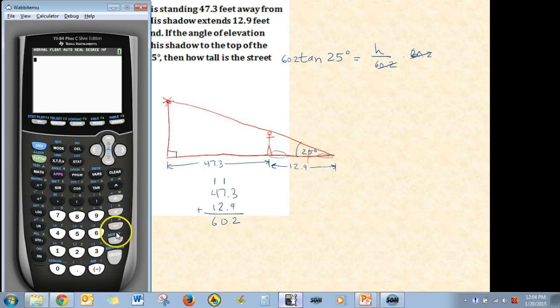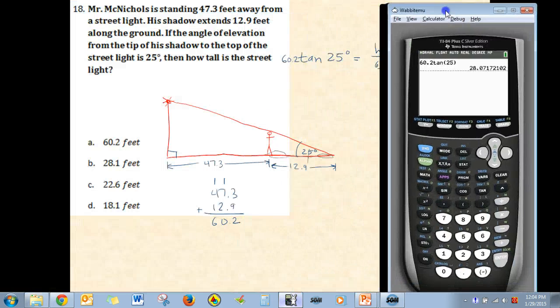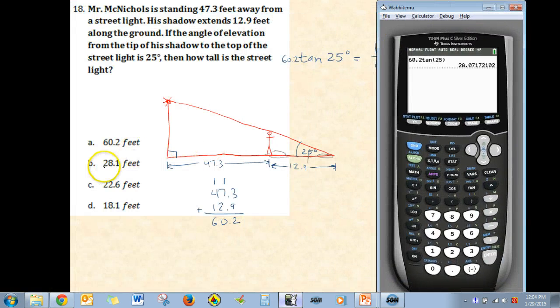And I'm going to do 60.2 times the tangent of 25 degrees. 28.07. Hey, that's about 28.1.